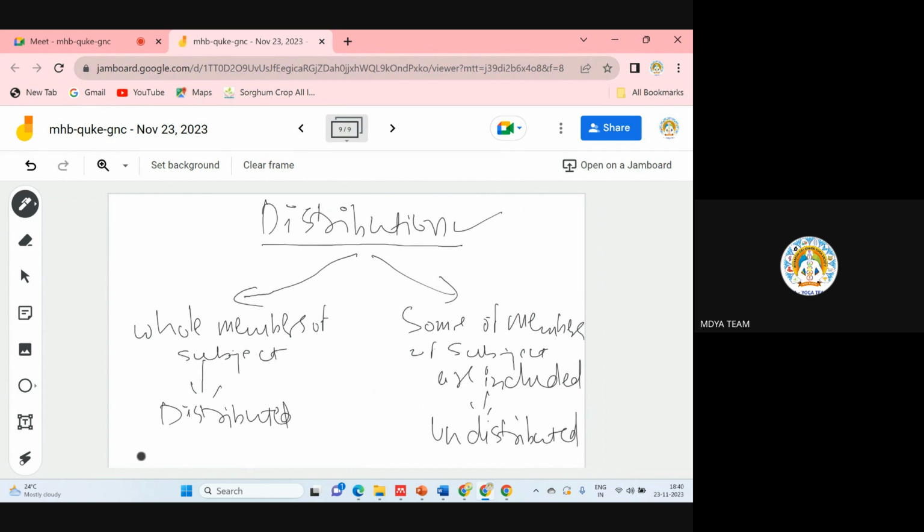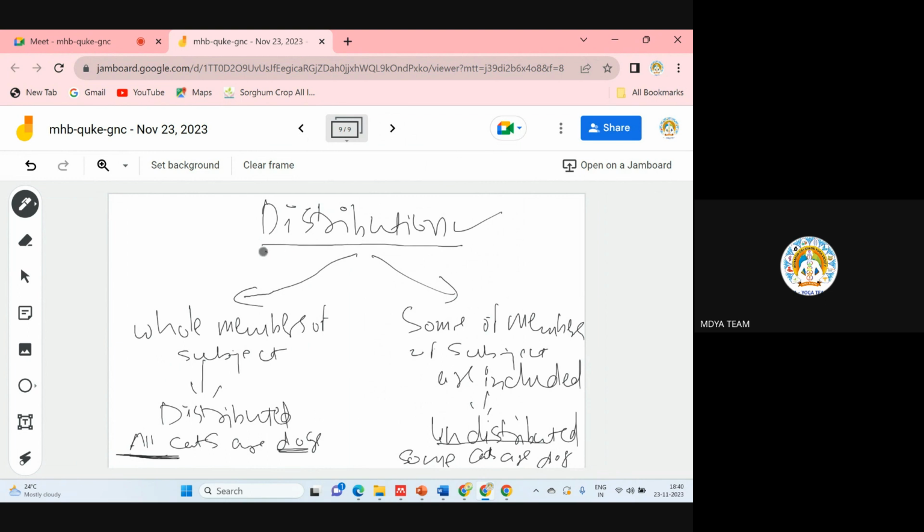For example, all cats are dogs. It is a distributed statement because it is telling about the whole members of the subject. Or there can be one more: no cats are dogs. This can also be distributed. Undistributed includes some cats are dogs.